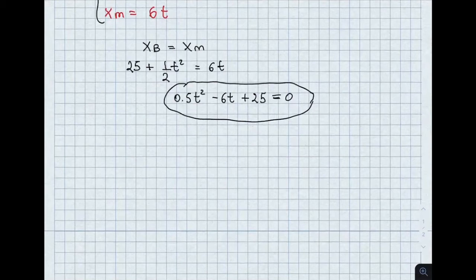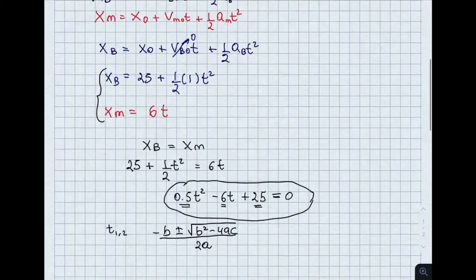To solve for t1, t2, we need negative b plus or minus the square root of b squared minus 4ac, divided by 2a. As we know, this is a, this is b, and this is c.